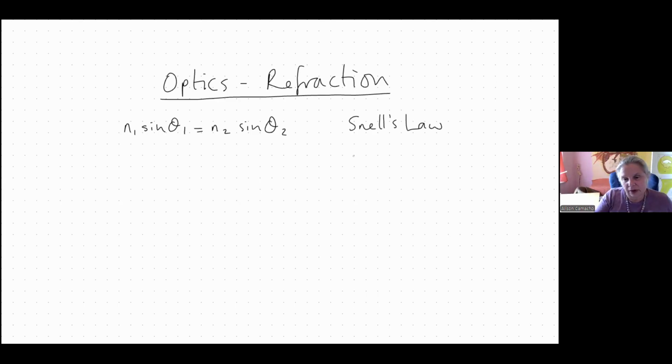So we can write down N1 is equal to C over V1, and N2 is C over V2. And so if we've got, for example, a glass block, we've got a ray coming in.